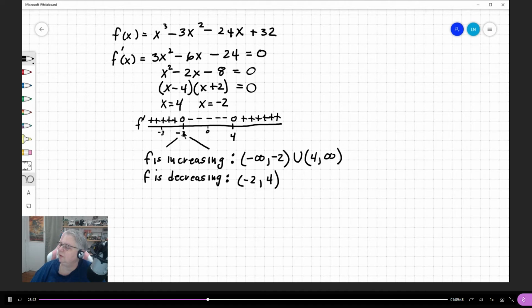If it goes up and then down, this point has to be a maximum. That has to occur at a top point. So x equals negative 2 is a relative maximum.